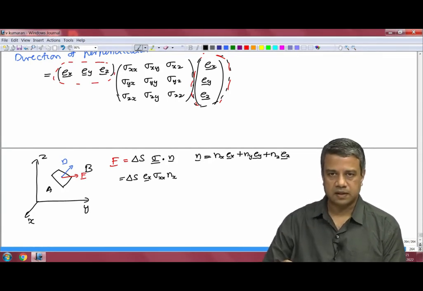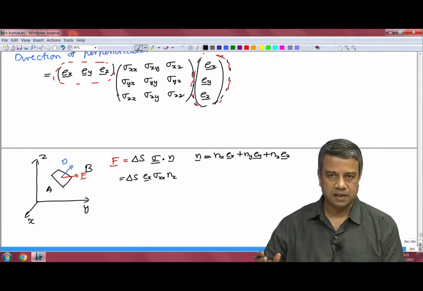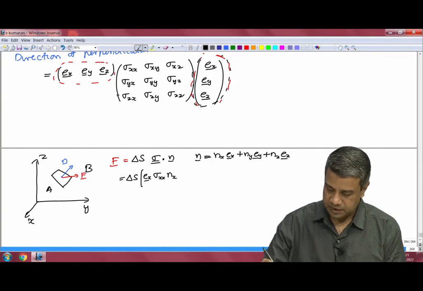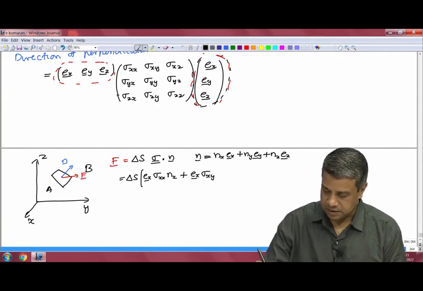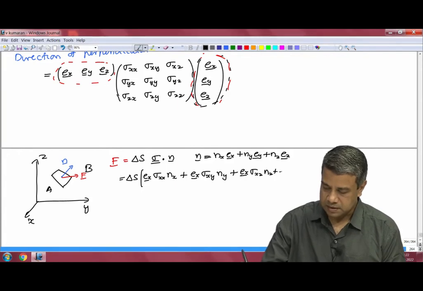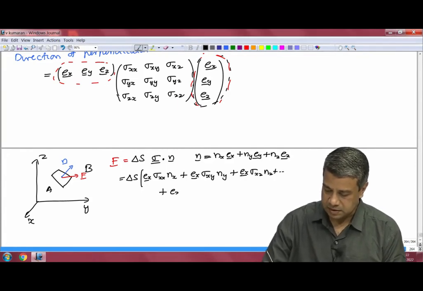It is a unit vector, therefore nx square plus ny square plus nz square will be equal to 1, plus Ex sigma xy ny plus Ex sigma xz nz plus etcetera plus Ez sigma zz nz.